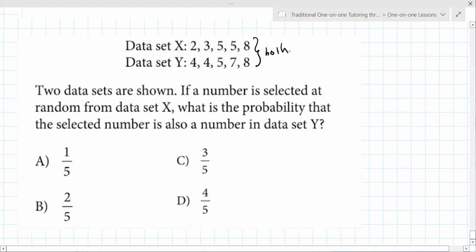Like 5 different numbers? Is that what you're saying? Sorry, I didn't ask that well. 2 does not appear in Y. No, 3 does not appear in Y. But 5, 5, and 8 do. So there's 3 out of how many data numbers are in data set Y? 5. Yeah, there it is.